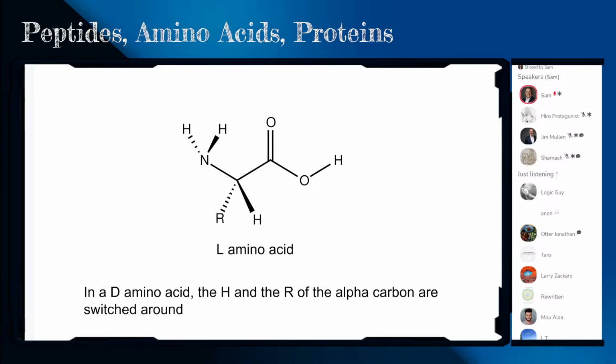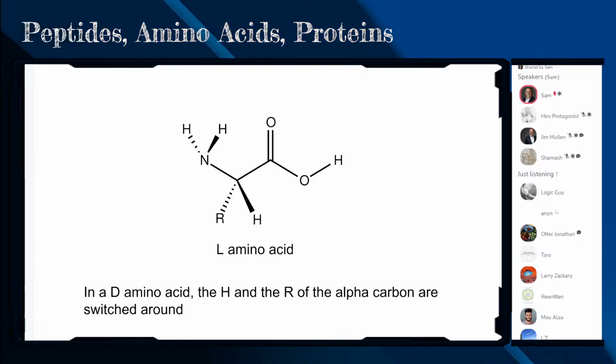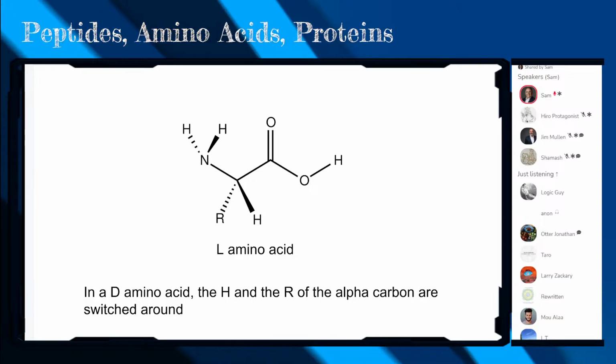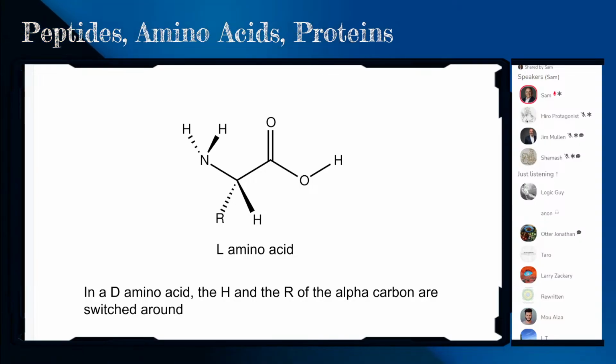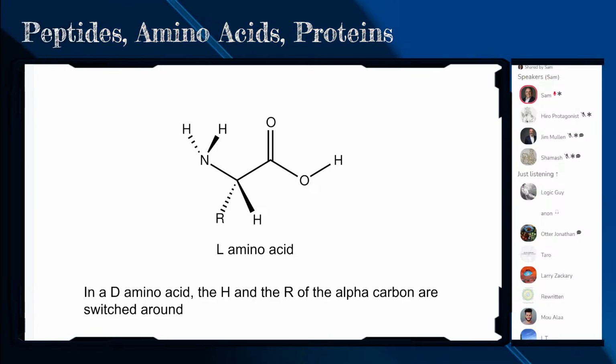So on the NH2, we have a hydrogen coming out of the page, a hydrogen going into the page. And on the alpha carbon, we have a hydrogen coming out of the page, an R group going into the page. If you were to draw the mirror image of this, you would find out that the mirror image of this molecule is not superimposable on this molecule.